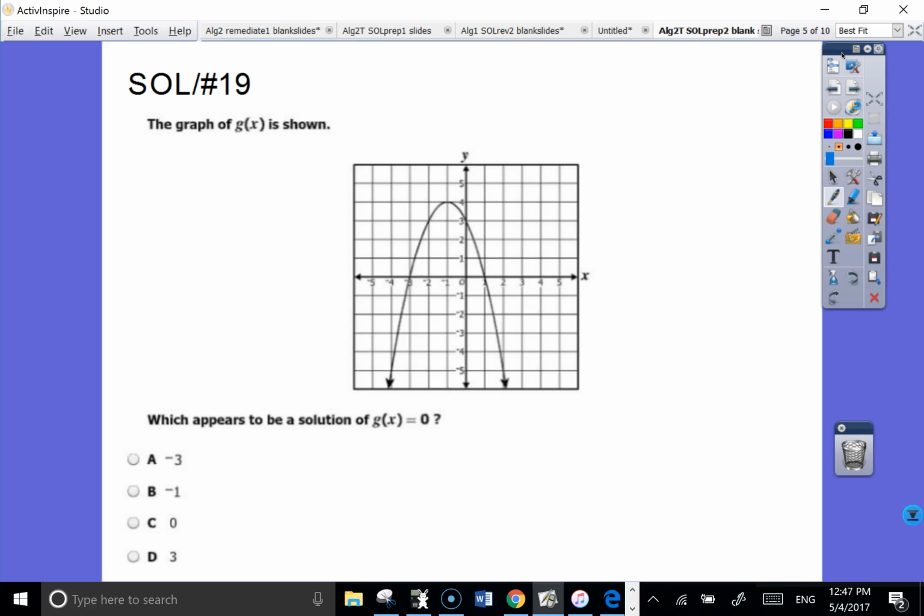So there's the x-intercepts, right? That's it right there. And so negative 3 and positive 1, the only one of which is in there is the negative 3. So you hit that one.